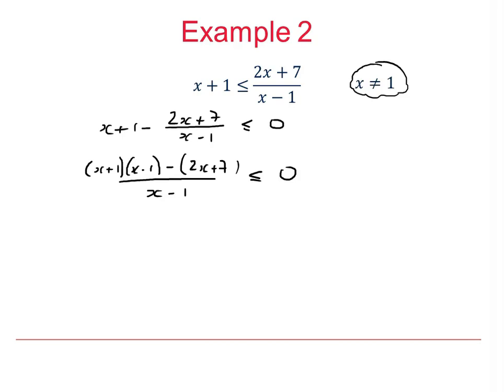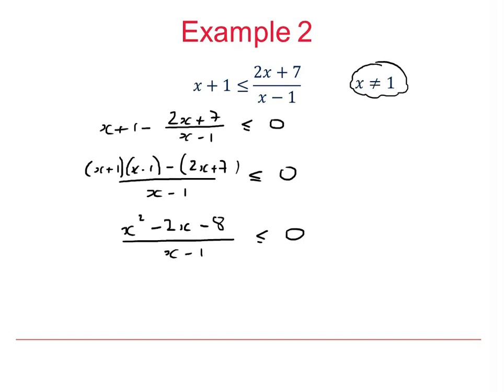Now x plus 1 and x minus 1, well, that's x squared minus 1, of course, difference of two squares. So in total we've got x squared minus 2x, and then minus 1 minus 7, minus 8, on the top line, over x minus 1, and that is less than or equal to 0.